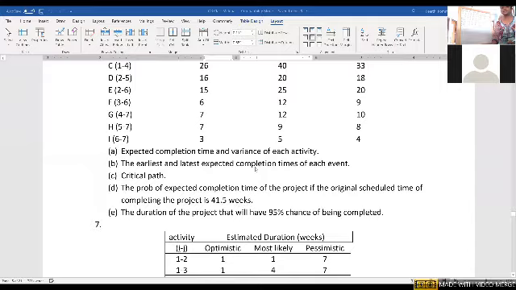B, the earliest and the latest expected completion times of each event. C, the critical path. And the fourth one is the probability of completing the project if the original scheduled time is 41.5 weeks. So what we got as TE is 42.8 weeks after constructing the network.